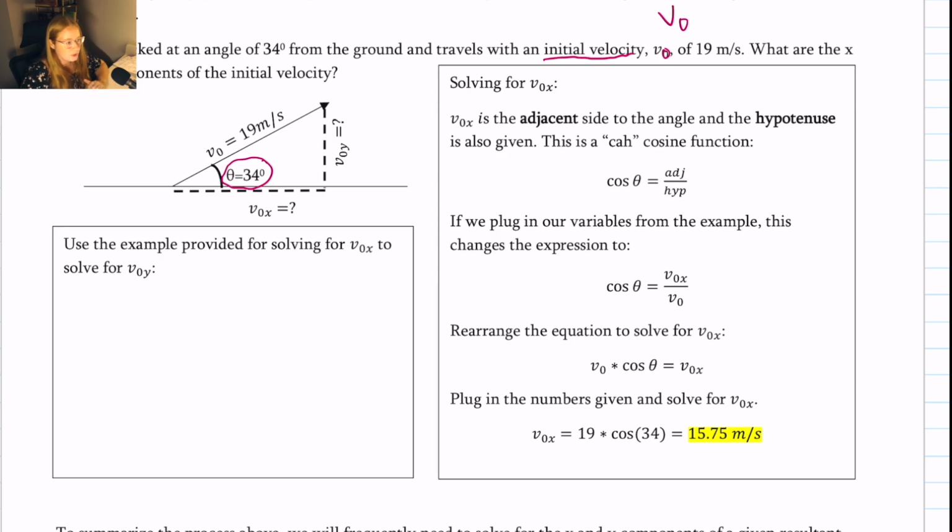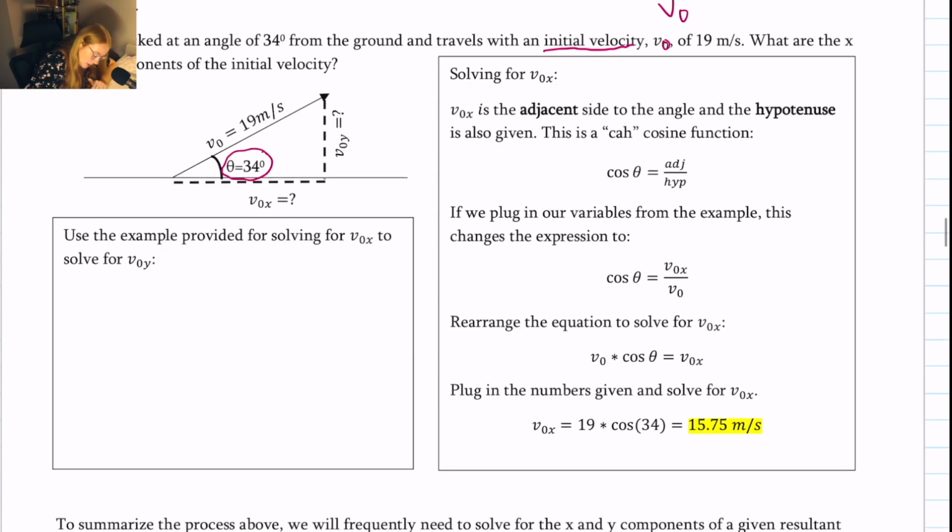And velocity is where the v comes from. Now, initial velocity is the speed or how fast it's traveling. And we'll get more into that whenever we actually get into our physics lessons. But for now, we're really just trying to look at this right triangle. So we have the initial velocity of 19 meters per second. And there's our hypotenuse. So it's traveling at an angle of 34 degrees with a velocity of 19.